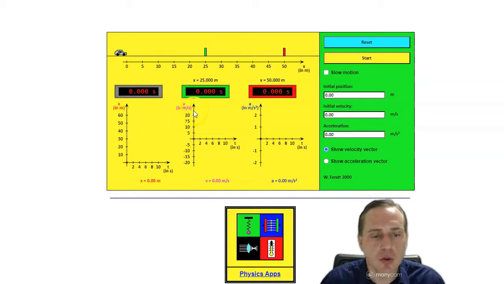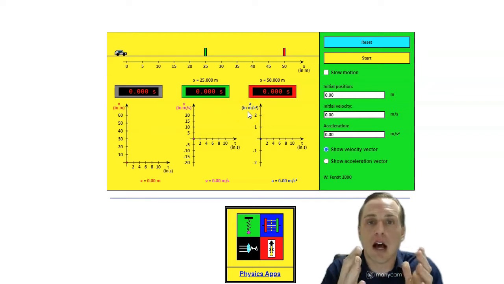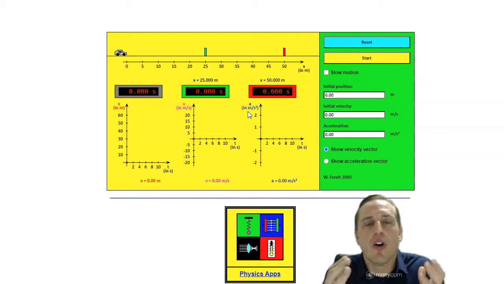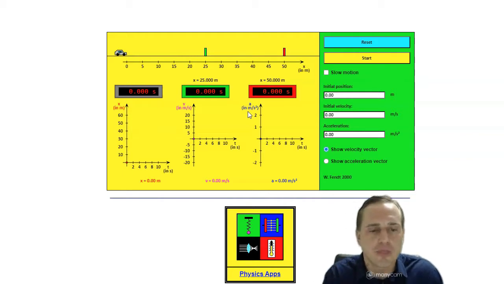Notice also we will plot the car's velocity versus time and its acceleration versus time. The units of position are going to be in meters, velocity in meters per second, and acceleration in meters per second squared. Those are the SI, or International System of Units, standard for position, velocity, and acceleration.